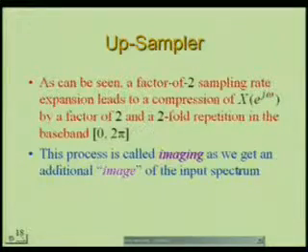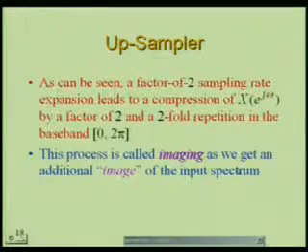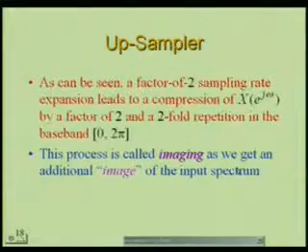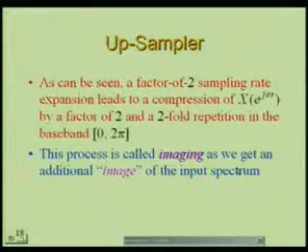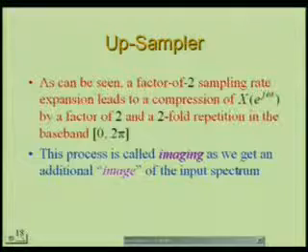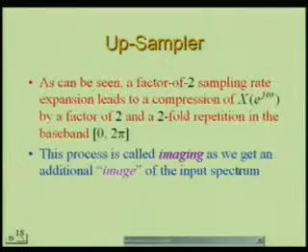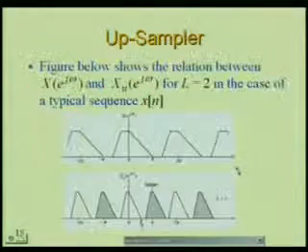The original signal is assumed to have a frequency response like this, which is assumed to be 2π periodic in nature. Therefore, the frequency response band is 0 to 2π and a factor of 2 sampling rate expansion leads to a compression of X(e^jω), that is the frequency response of the input sequence, by a factor of 2, as we have seen earlier.